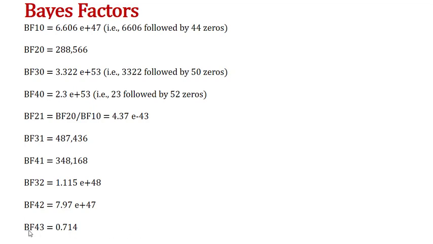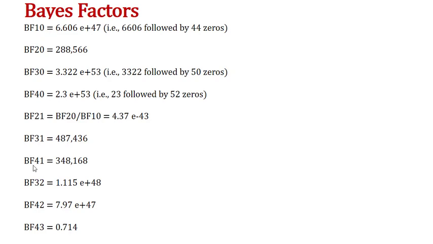So we calculate the Bayes factor 34, and we can calculate it by doing Bayes factor 3 first and Bayes factor 4 later, and then we do Bayes factor 3 divided by Bayes factor 4. But the other way we can do it is we do 1 divided by this, and that gives us Bayes factor 34.